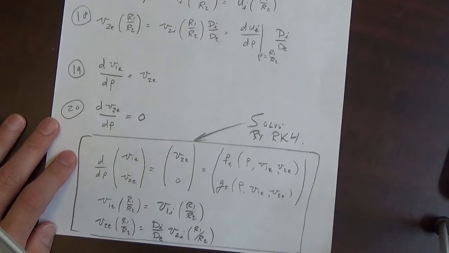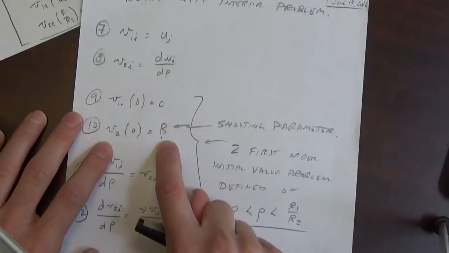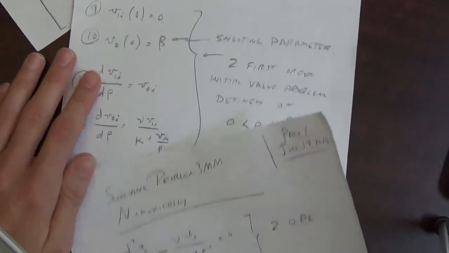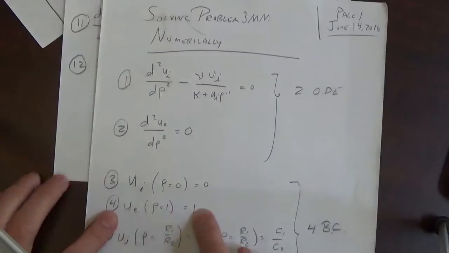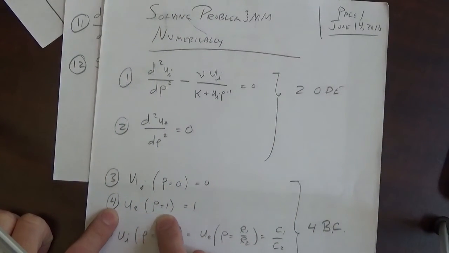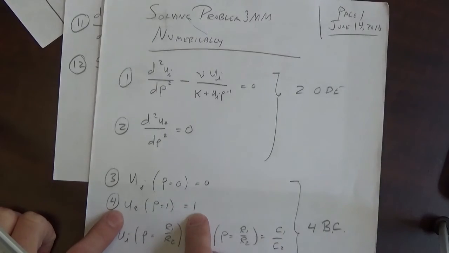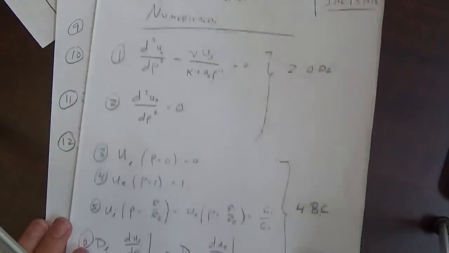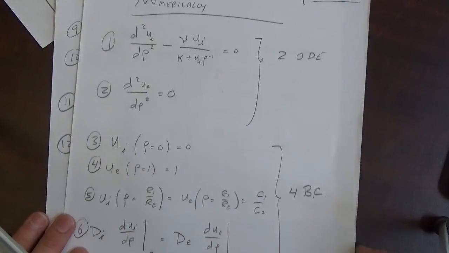We want to make sure that whatever we pick for this beta is going to satisfy that u sub e at rho equals 1 is equal to 1, our final boundary condition. So this is how we're going to use the shooting parameter to make sure we get to the right solutions.